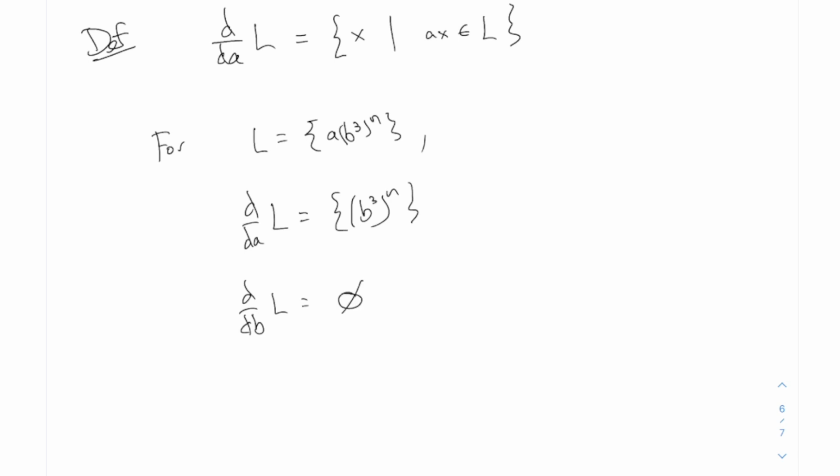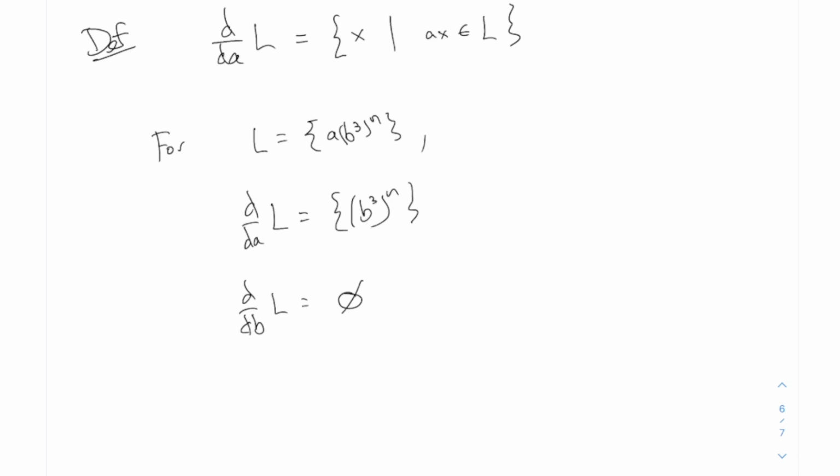That's because nothing in that original language started with a B. So when you consider all things from here that are of the form Bx, and then you take only the x part, well, no strings in here are of the form Bx. This is how you do the derivative.